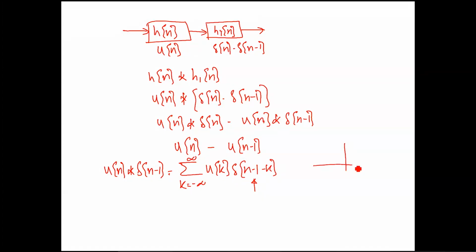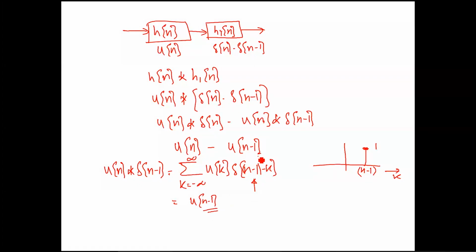Basically on the k-axis, this is a shifted impulse lying at value n minus 1. The minus k-axis and k-axis for delta is the same, and then adding n minus 1 to k is going to shift it by n minus 1. So this will have value 1 only at k equal to n minus 1, and at k equal to n minus 1 this is 1, so it is just equal to u of n minus 1.